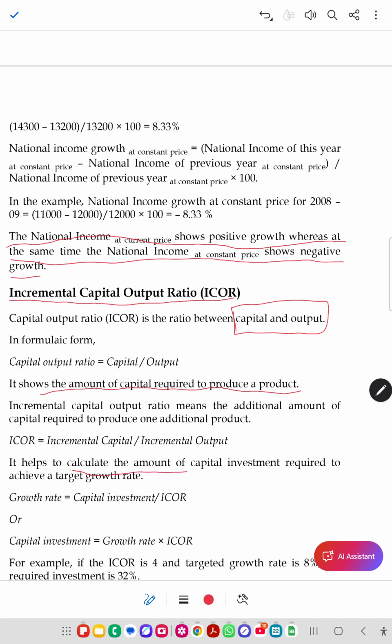It helps to calculate the amount of capital investment required to achieve a target growth rate. Growth rate is equal to capital investment divided by incremental capital output ratio.